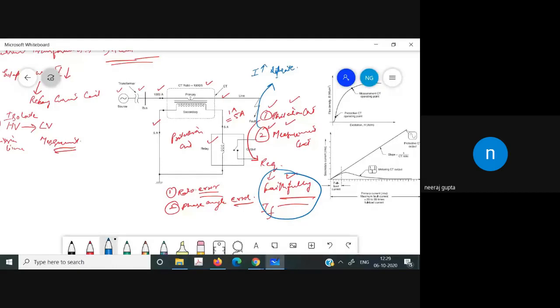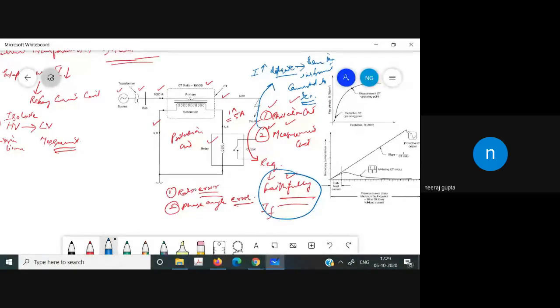Why will it saturate? It will saturate to save the instrument connected to the secondary. So we have two types of CTs: one is the protection CT and the other is the measurement CT.